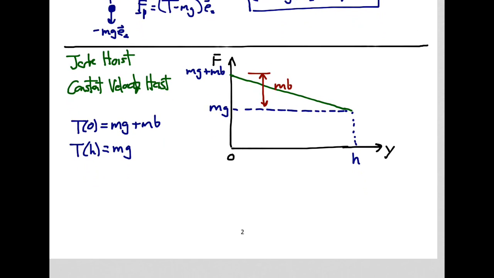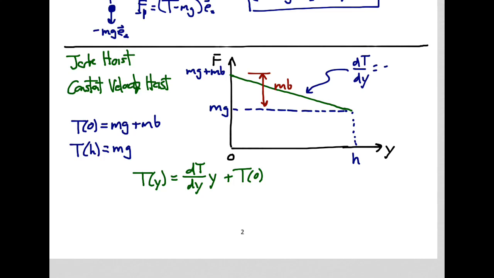So let's write out this model in slope-intercept form, where we say that our tension is going to change as a function of our height, y, and this is equal to that change, dT dy, multiplied times the height, plus our initial tension. We see here that our slope, dT dy, is going to be equal to negative mb over h.